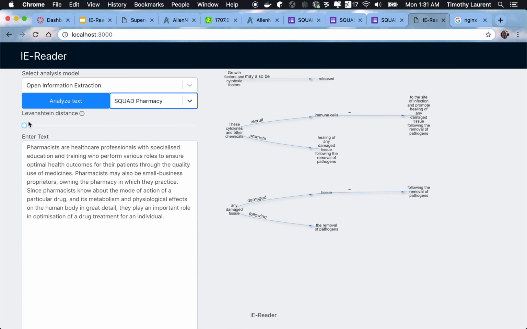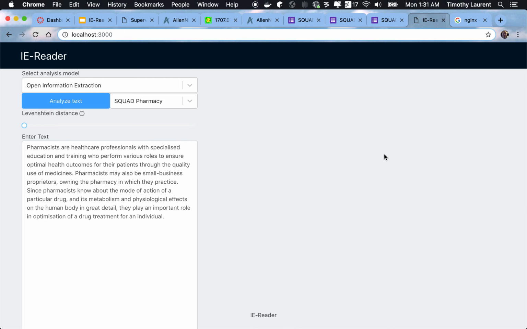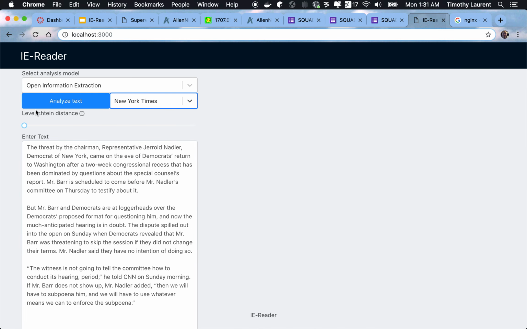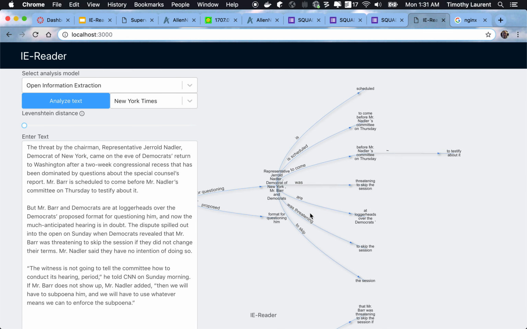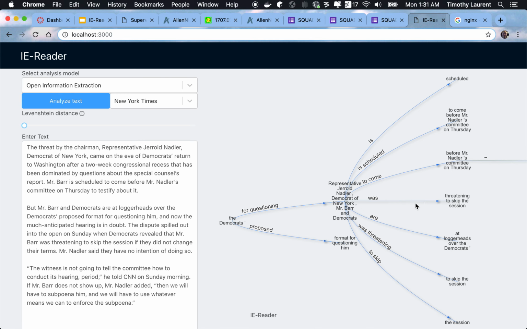Here's a simpler text. Maybe let's try this. I think I'm just zoomed in. Okay, so here's a New York Times article, or a portion of a New York Times article.